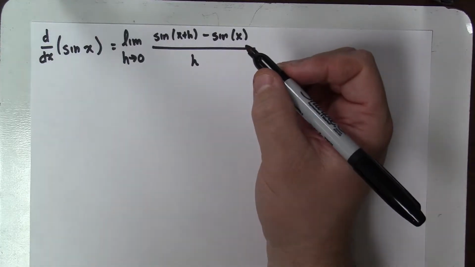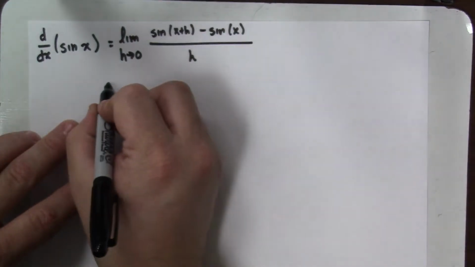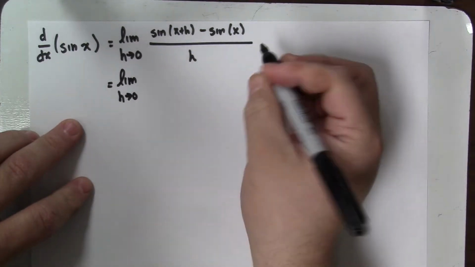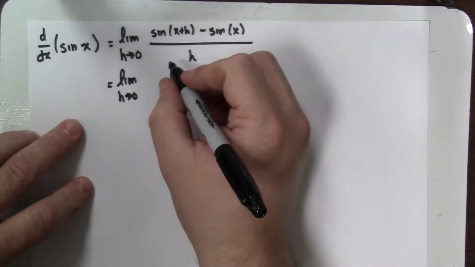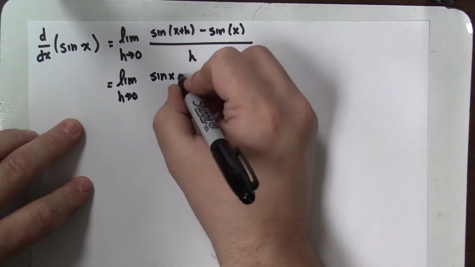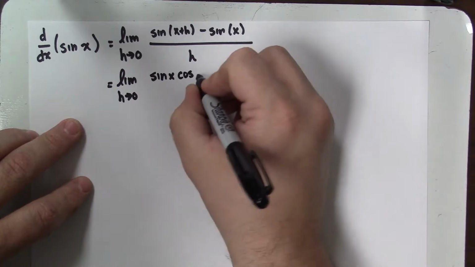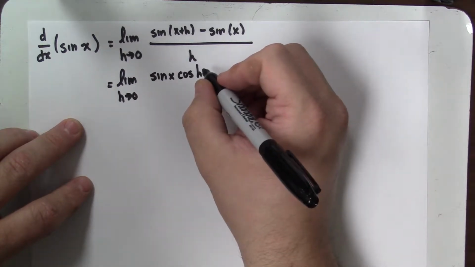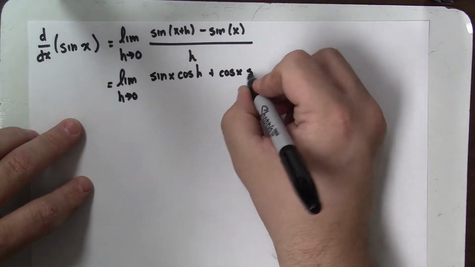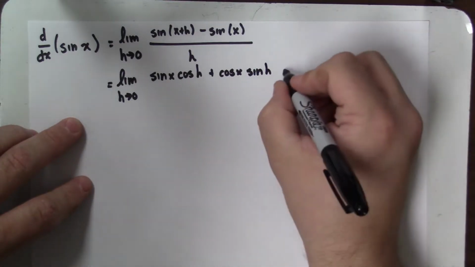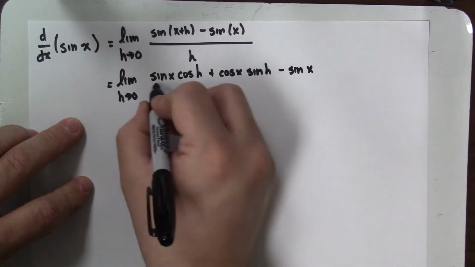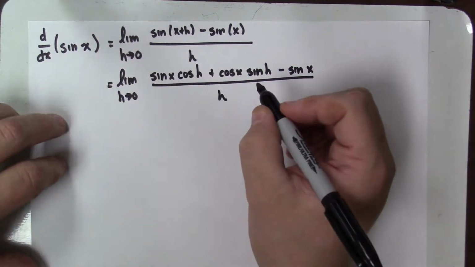So I've got the limit as h goes to 0. Now, sine of x plus h is sine x cos h plus cos x sine h, and then I'm still subtracting sine x. All of this is over h.